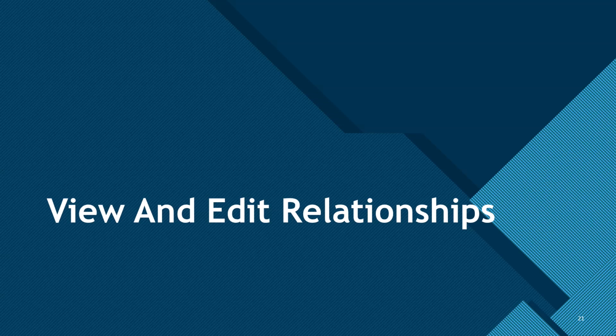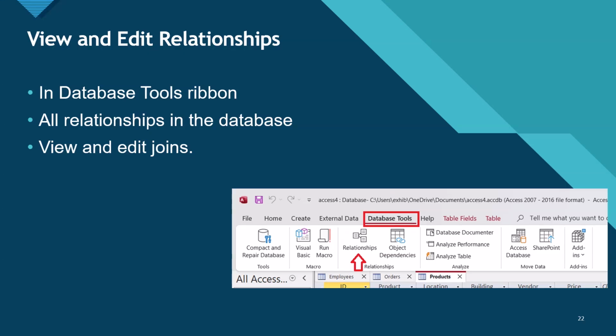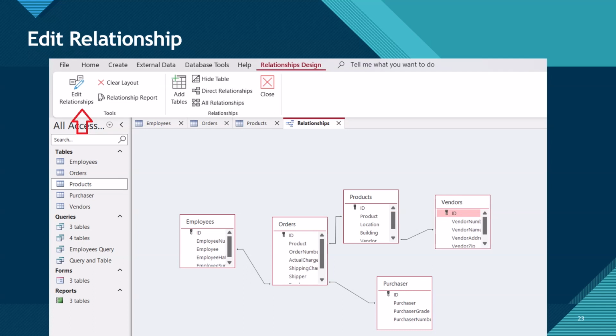So let's quickly view and edit relationships. We viewed relationships in the view relationships feature for individual queries and for entire tables. Go to the database tools ribbon and you hit the relationships button. We've done this already. And we get a view of them.